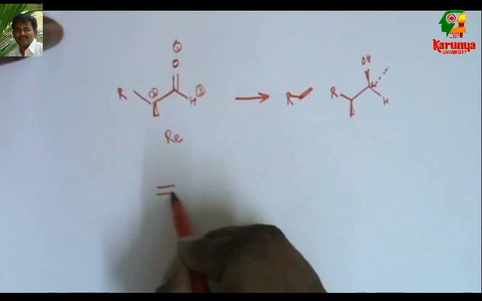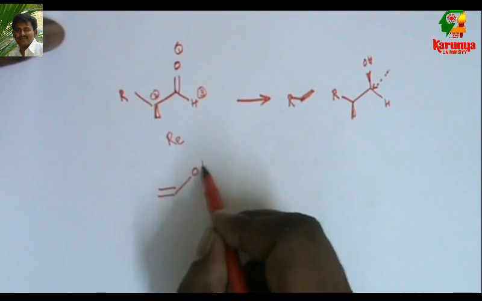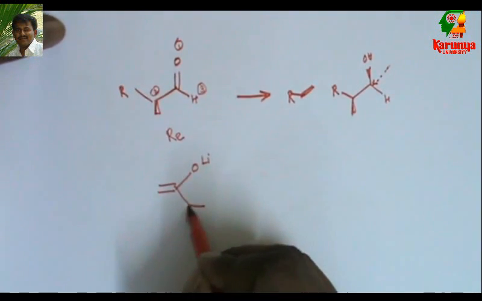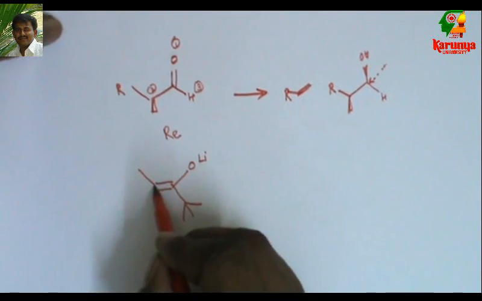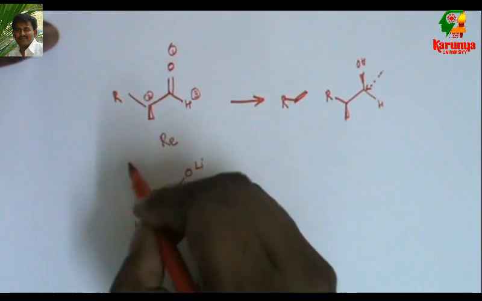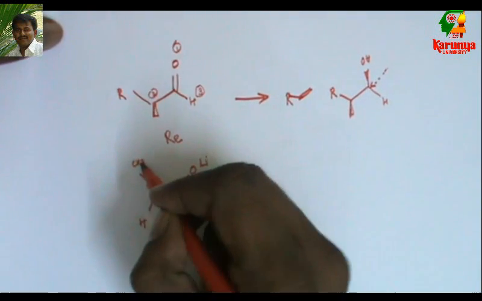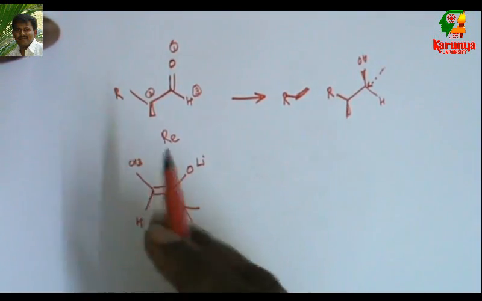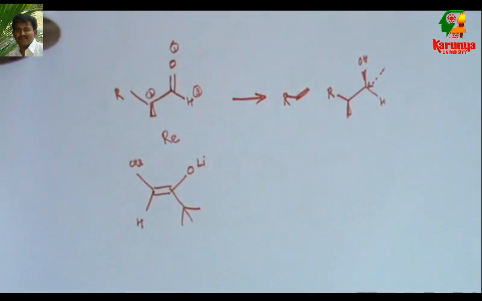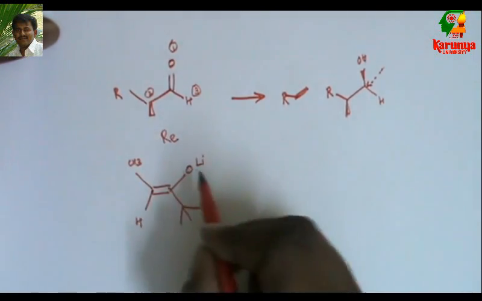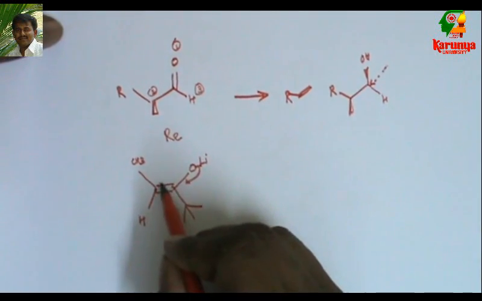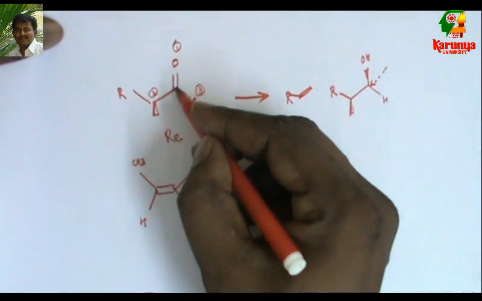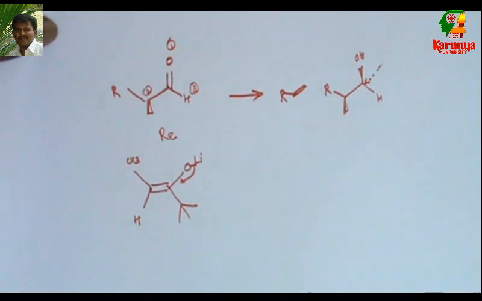In the enolate, since it is a Z enolate, this face attacks the aldehyde, not the back side. So it comes back and this attacks the Re face of this aldehyde.